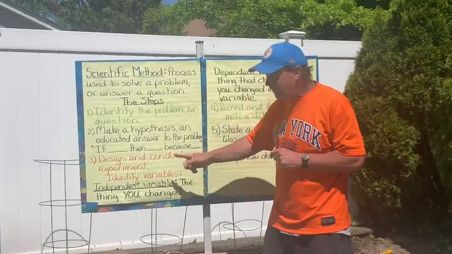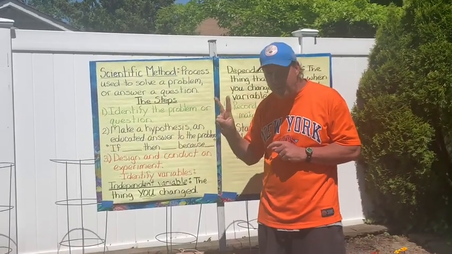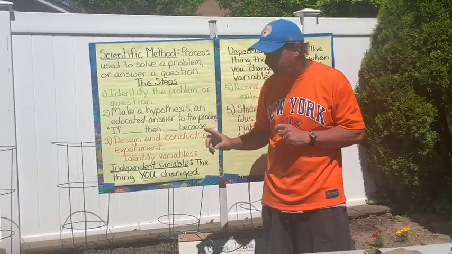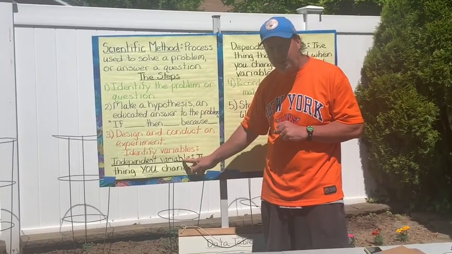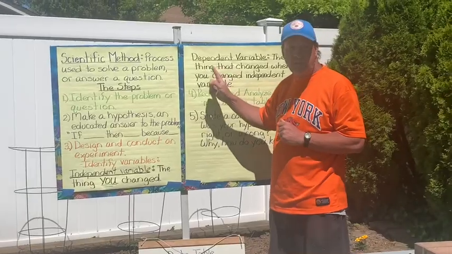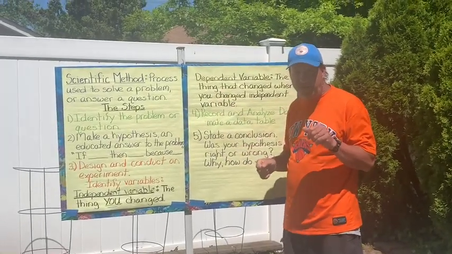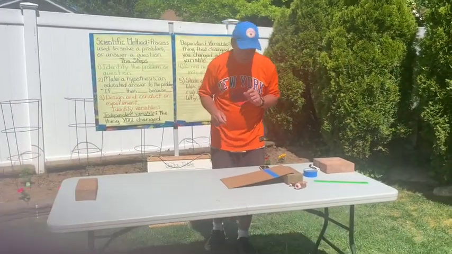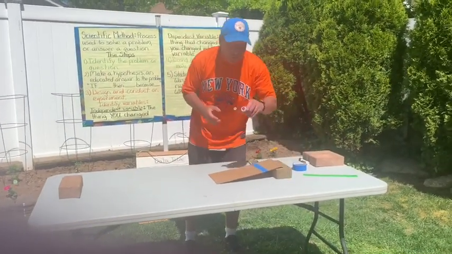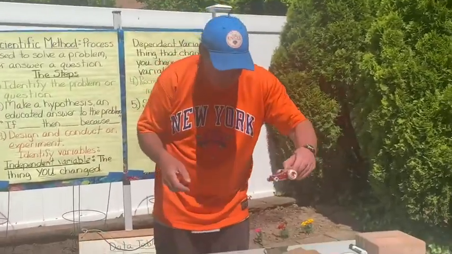Now, when we design the experiment, 2 very important things you have to focus on are, in our experiment, what is the independent variable and what is the dependent variable. I will explain that as we go along. Okay, so in our experiment today, we will have a cart, this candy racer.